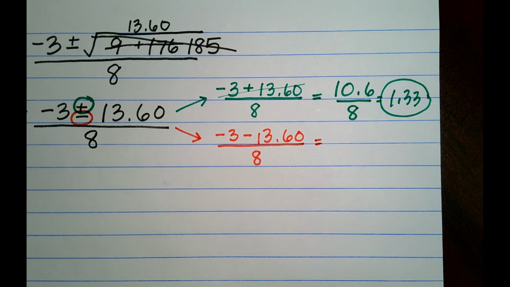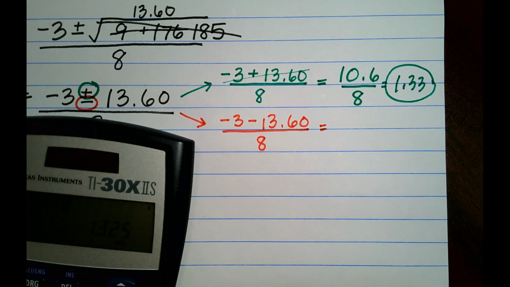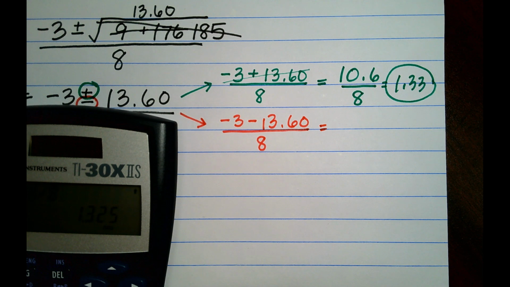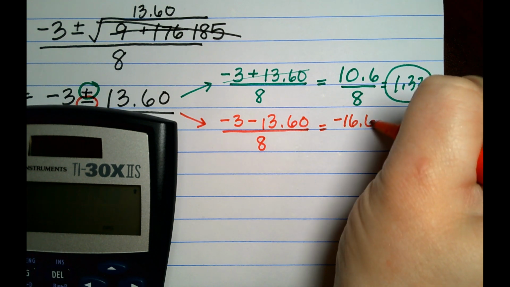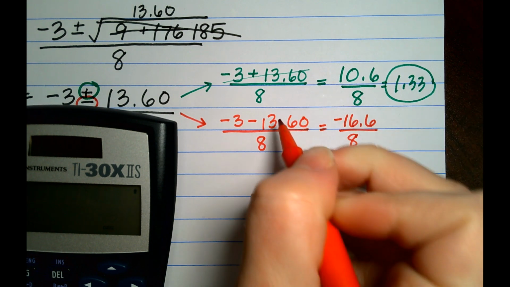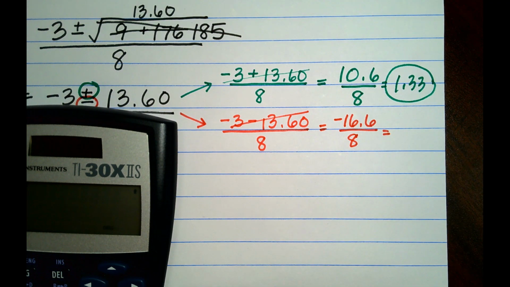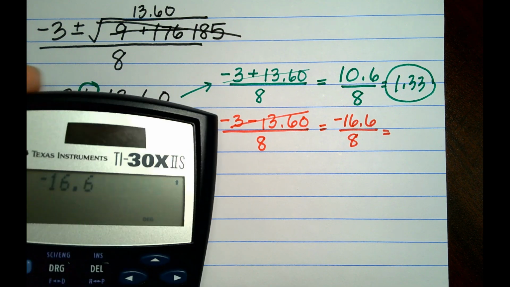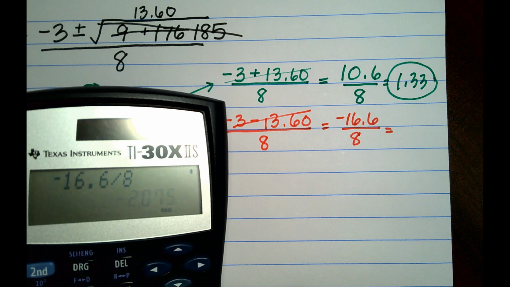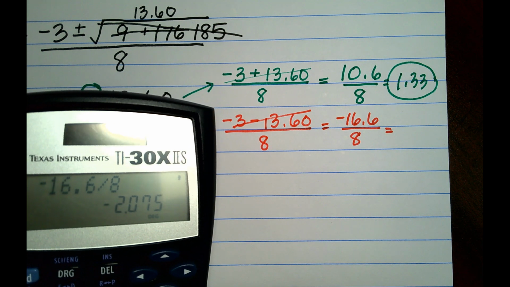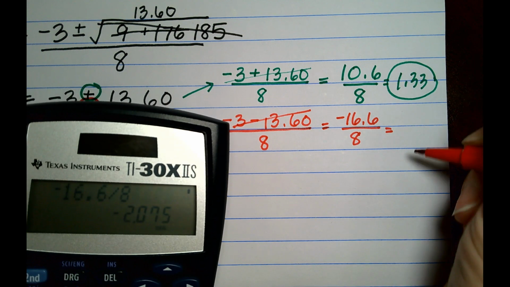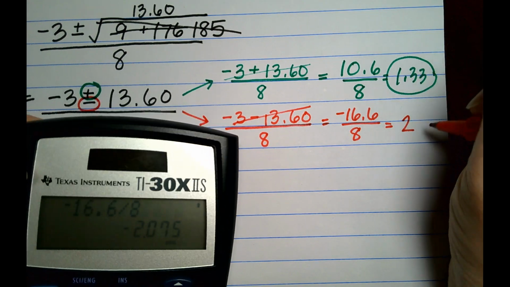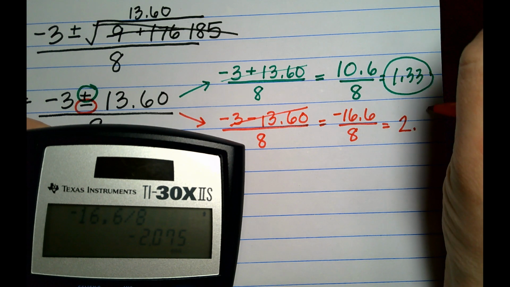Okay, so now I need to do the next one. What's -3 minus 13.6? -16.6. Good, -16.6. Still divided by 8. And let's see what that gives us. -2.0, round up to 2.08. And again, it's okay if your answer's not exactly the same number as mine, but it should be very close.